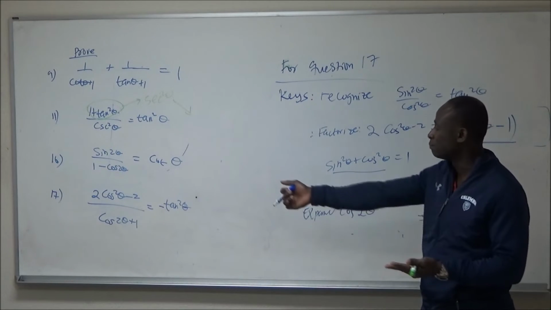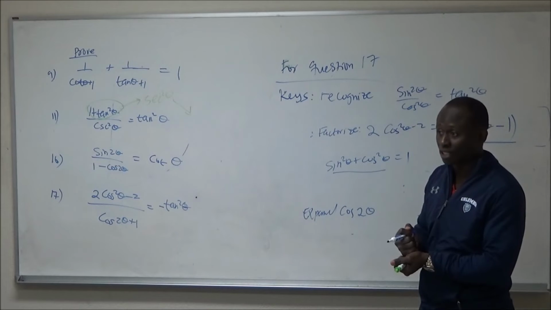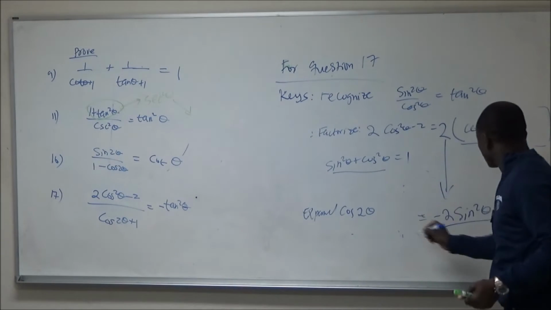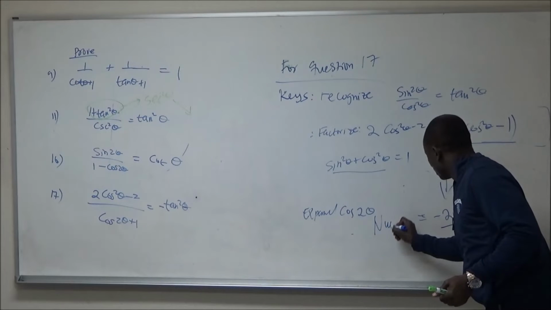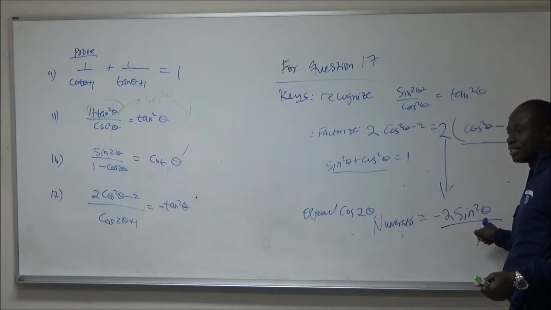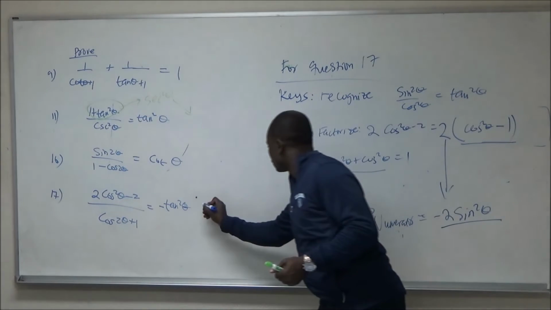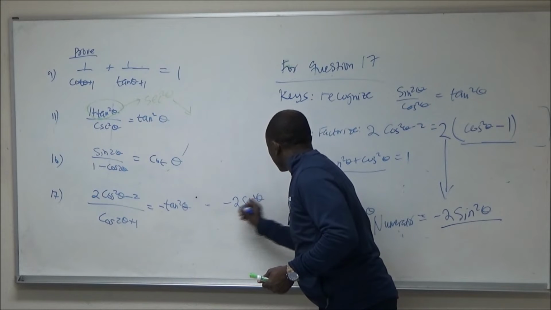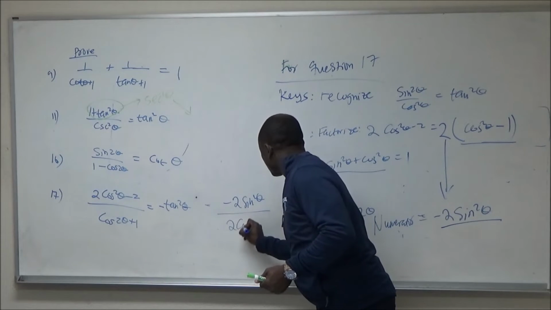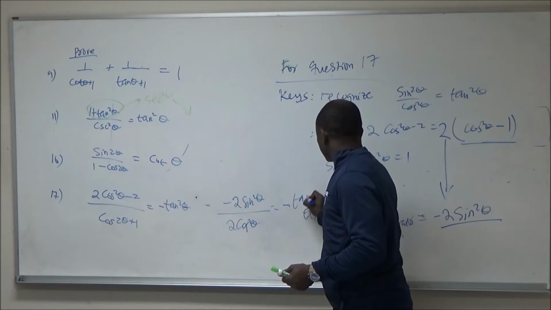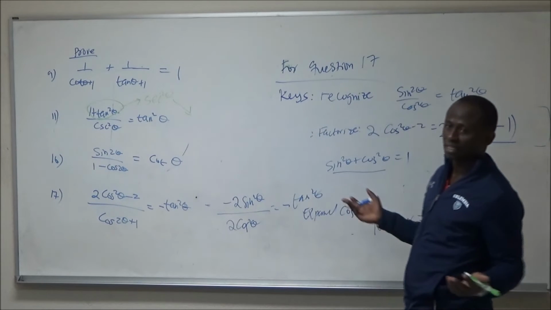So the denominator then becomes what? 2 cosine squared theta, right? So in the end, if the numerator is negative 2 sine squared theta, what do we get? We got negative 2 sine squared theta over 2 cosine squared theta, which is negative what? Tan squared theta. That's that.